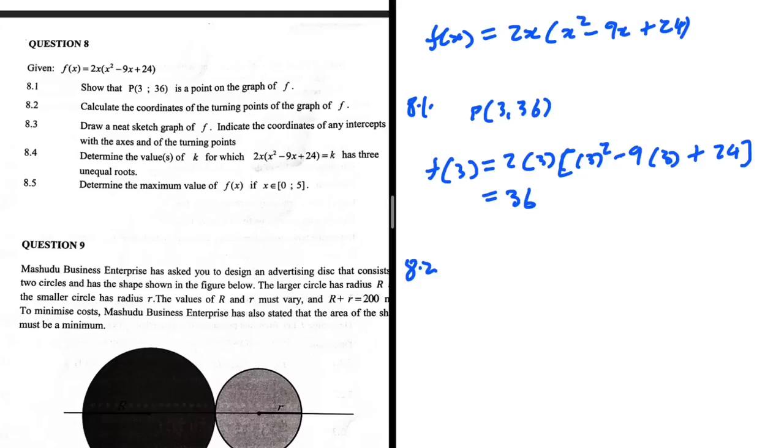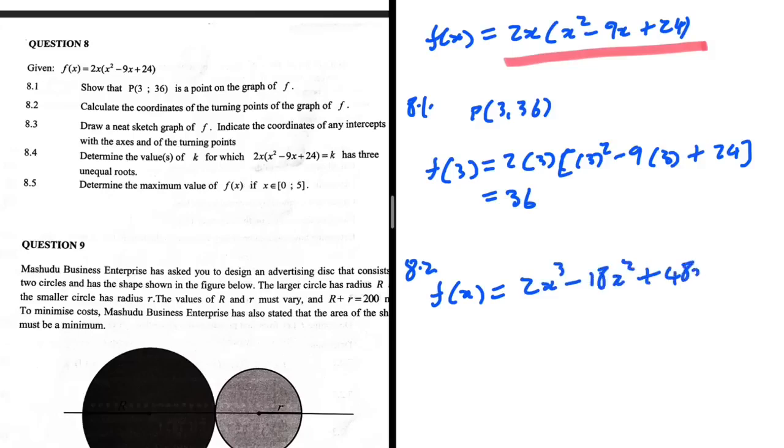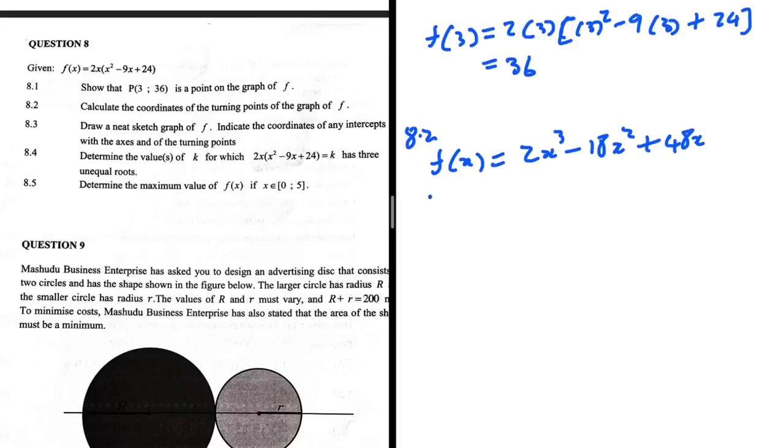But let's multiply out with 2x so that we can use the power rule. f of x is equal to 2x cubed minus 18x squared plus 48x. So now we can go ahead and find f prime of x. Well, this is 6x squared minus 36x plus 48.